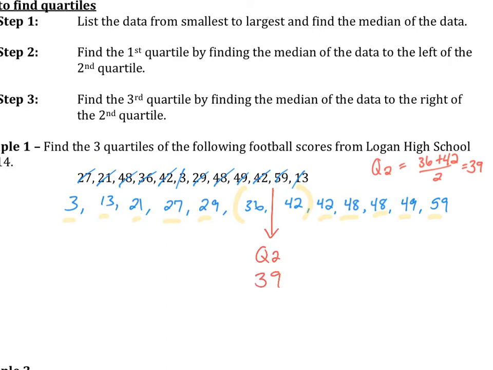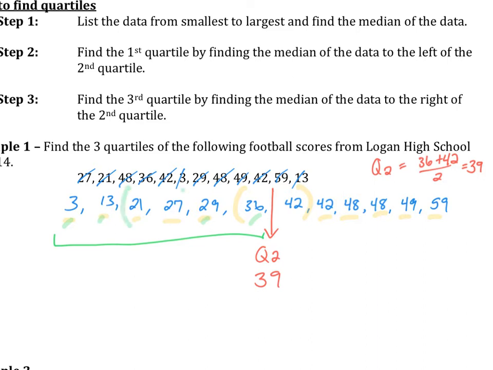Okay, now what we're going to do is focus only on the left side of the median. So I'm going to take my highlighter again. I'm going to count to the middle. So count from each end. Cross out the next number. And now we're left with two numbers, right?